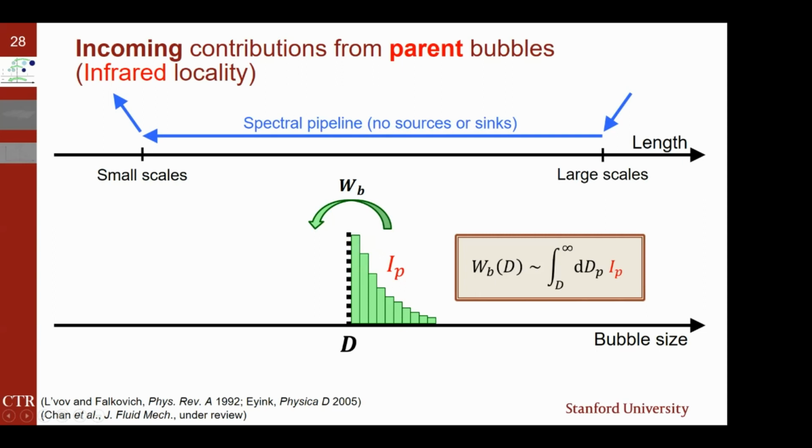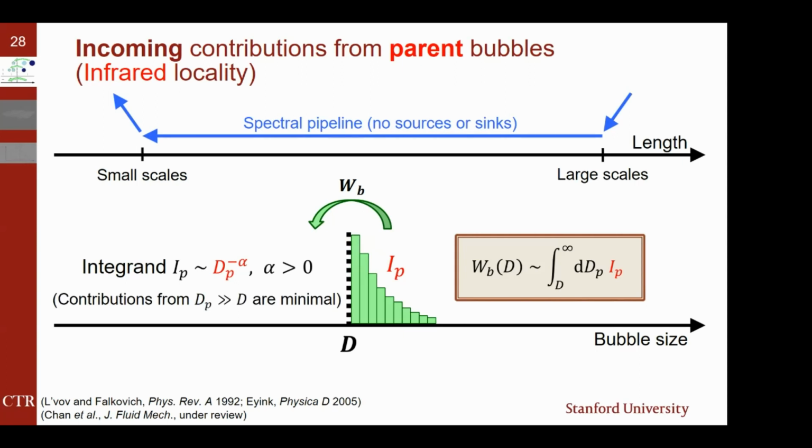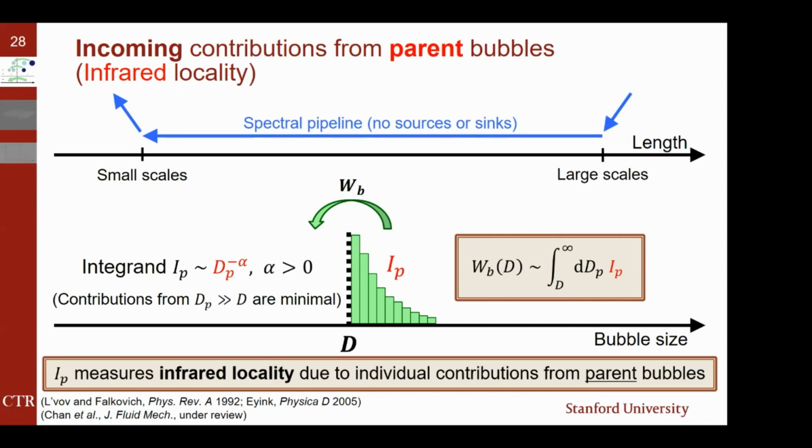So one function that satisfies this is a negative power law scaling. IP should take a negative power law scaling, meaning that contributions from much larger bubbles are minimal. And we'll use this shorthand, infrared locality, because infrared light has a larger wavelength than visible light. But just to summarize, strong locality: negative power law scaling in IP.